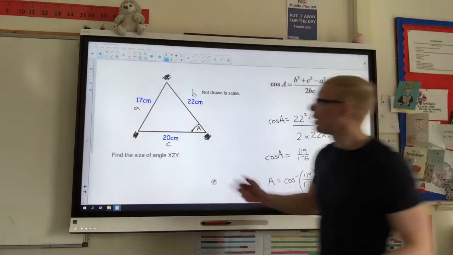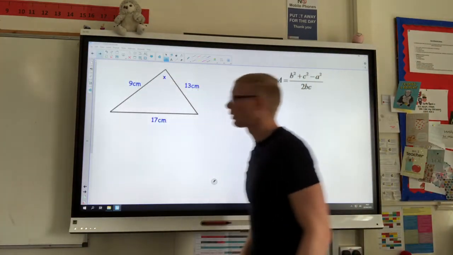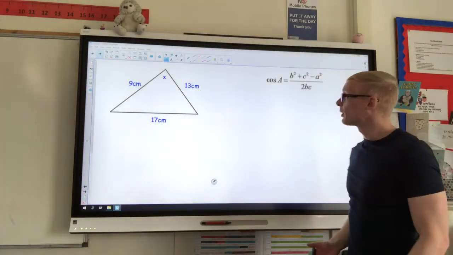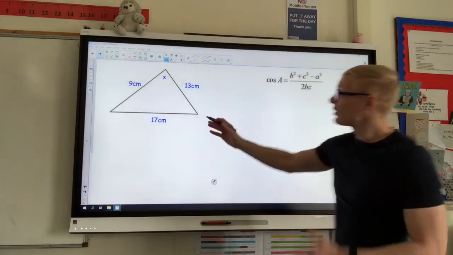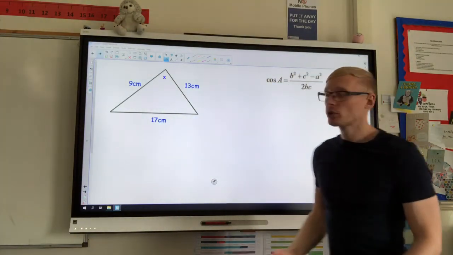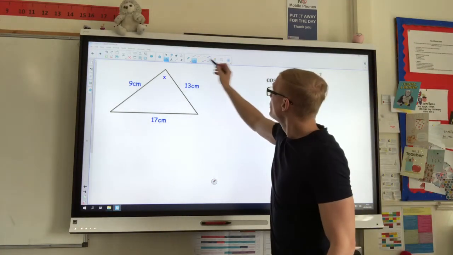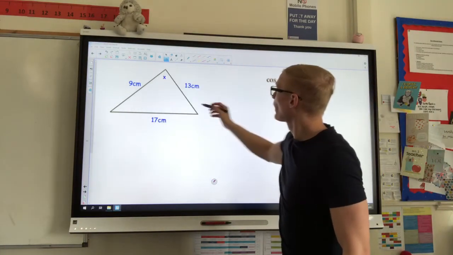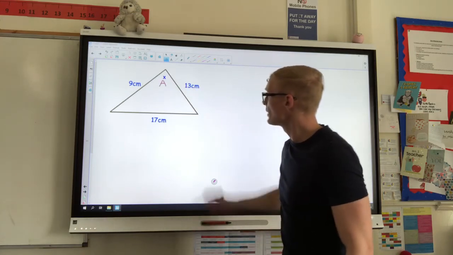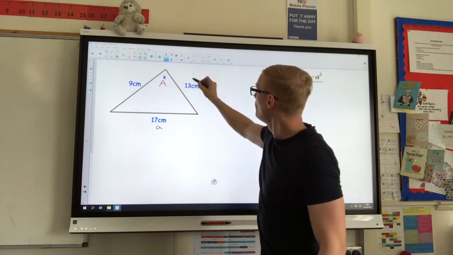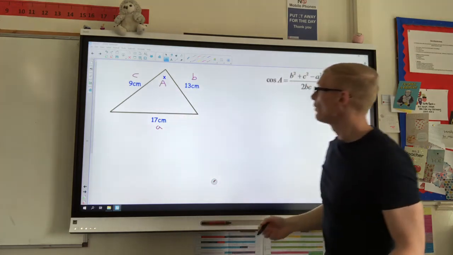Now I'll show you one more example, which looks like this. Again, very similar. All three sides are involved and we're looking for an angle, therefore it must be the cosine rule. It's already rearranged for us here. So label your sides and your angles. A is what x is there, which makes this small a. B and C, it doesn't matter which way around.